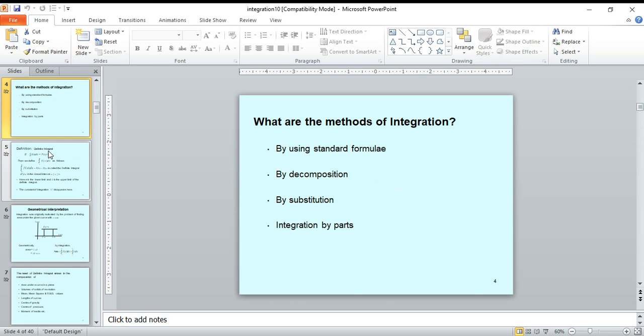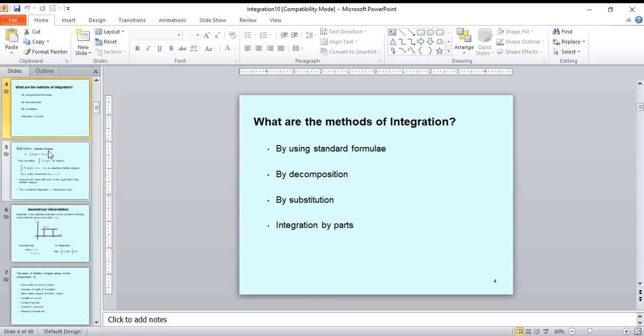What are the methods of integration? The first is by using standard formulas. Second is by decomposition, and by substitution, and integration by parts.